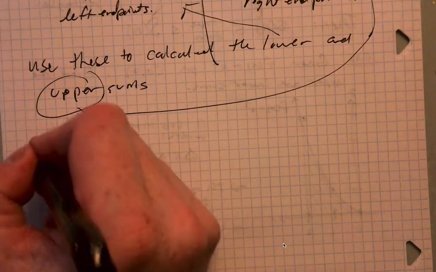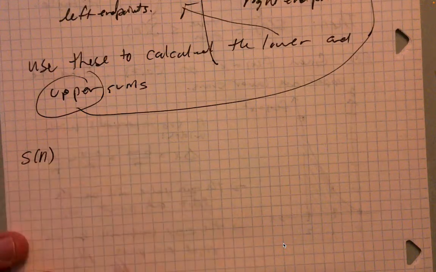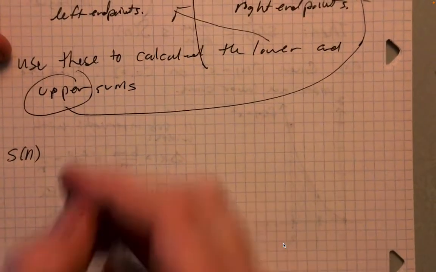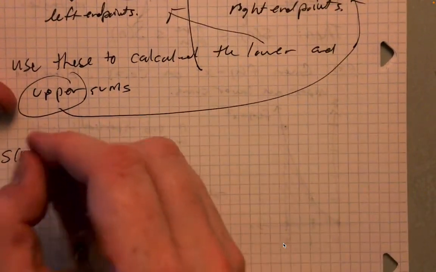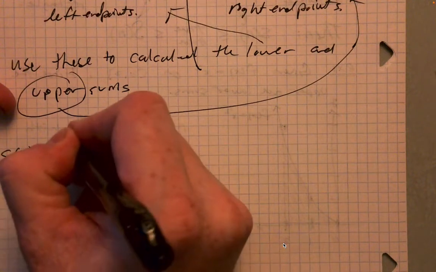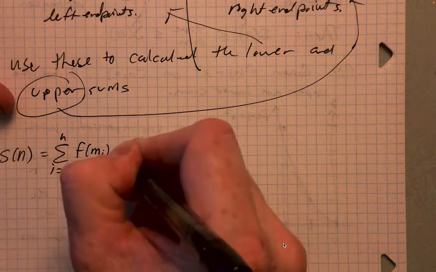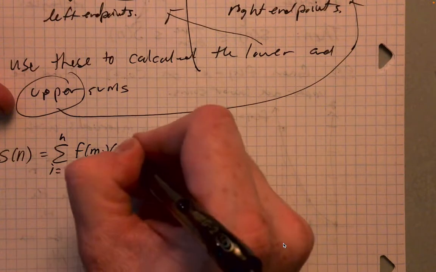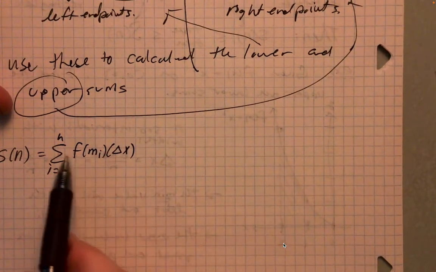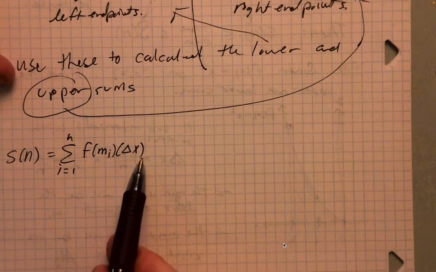So start with the lower sum, little s of n. That's going to be equal to the sum as i goes from 1 up to n of f of little m_i times delta x. This would be the height and the width.